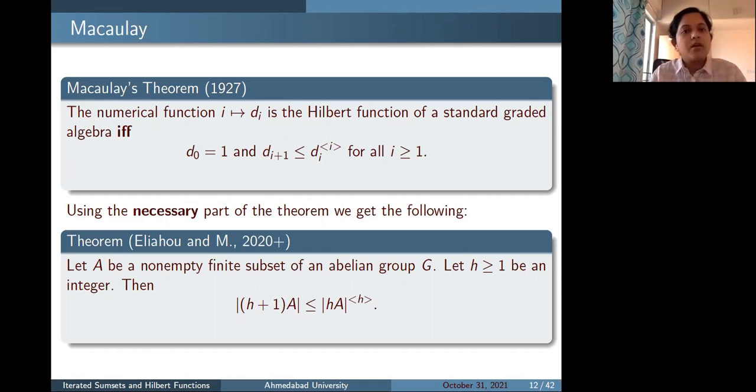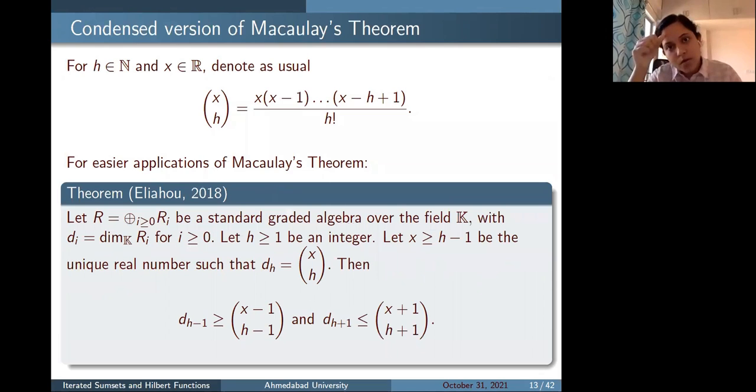But not only that, we also have a condensed version of Macaulay's theorem. And from there also, we can say something about the bound of the cardinality of (h+1)A.